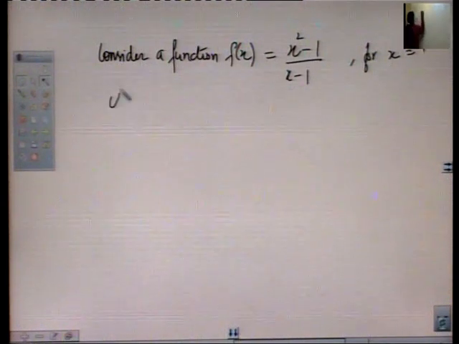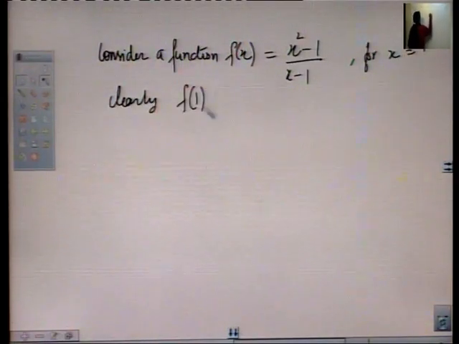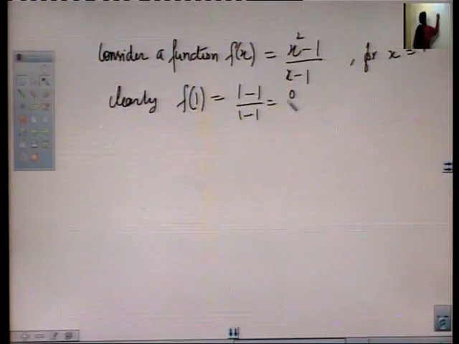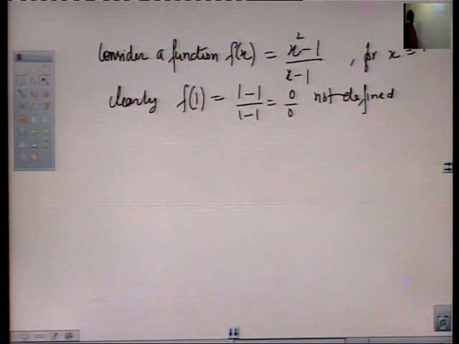Clearly, f(1) is equal to (1 minus 1) upon (1 minus 1), which is 0 upon 0, that is not defined. That is for the value x is equal to 1, this function is not defined.